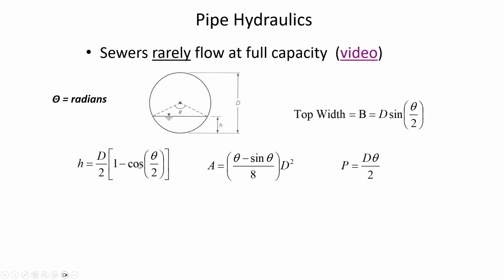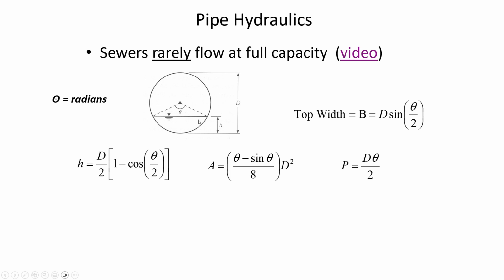So if we look at the cross-section of a circular pipe, we'll describe the circular pipe as having some diameter. But most of the time, the water's not going to be up to the very top of the pipe. Most of the time, it's only partly full.